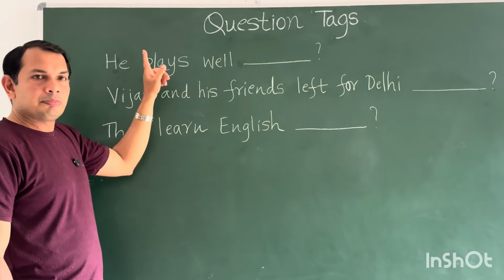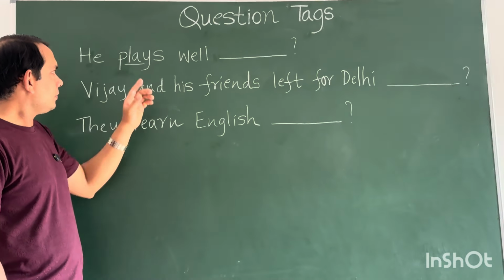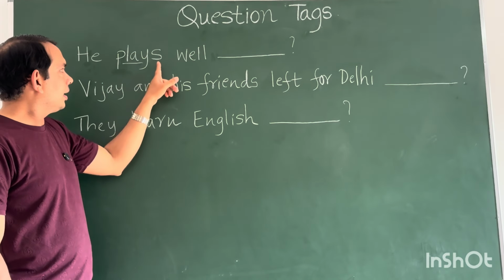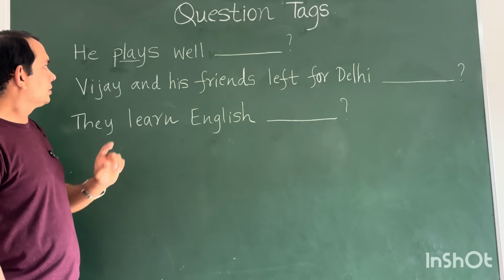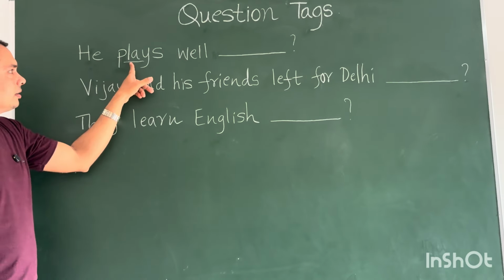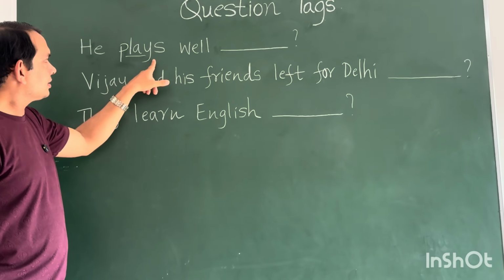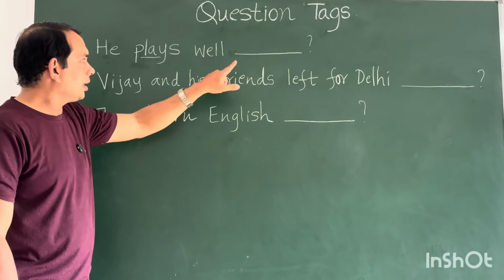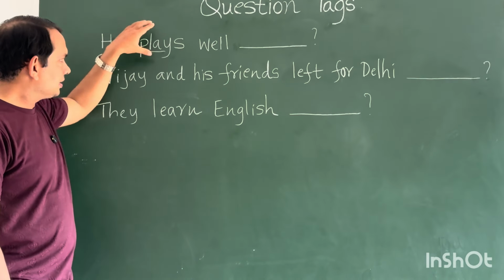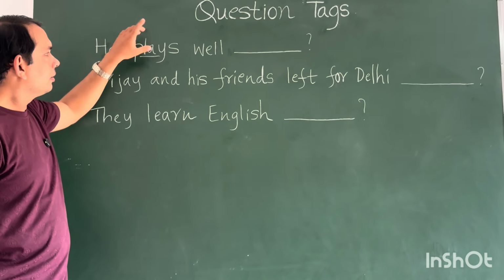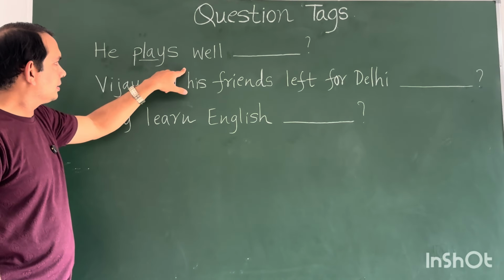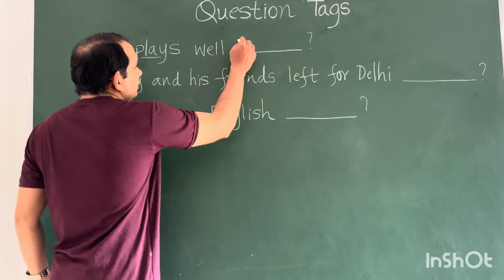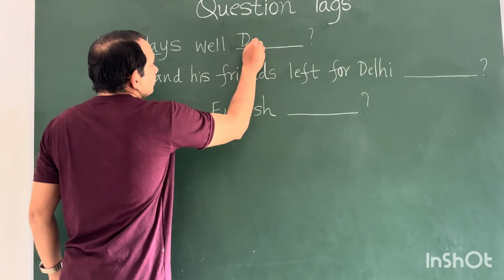When the present form of the verb is used, either we write do or does. If the past form of the verb is used in this sentence, we write did. Since this sentence is in the present tense and present form of the verb is used, we write does here.